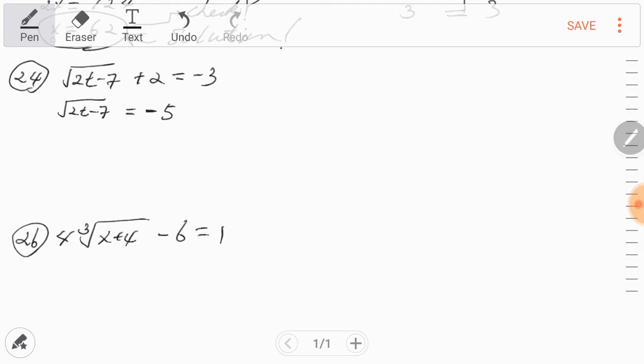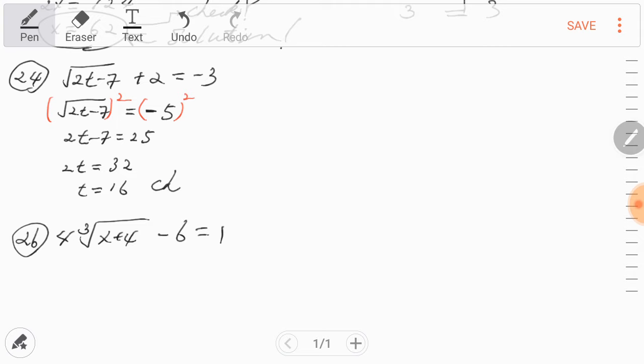But let's square each side and then check whether the solution actually doesn't make the equation true. Then 2t minus 7 equals negative 5 squared, which is 25. And then 2t equals 25 plus 7 on each side, so 32. Then t equals 32 divided by 2, so 16.